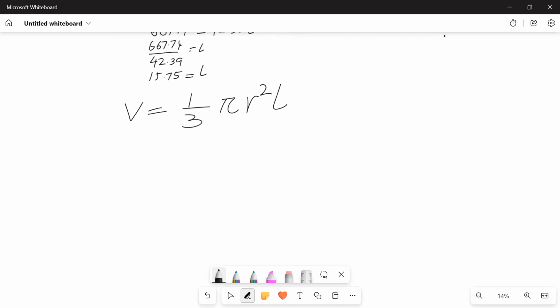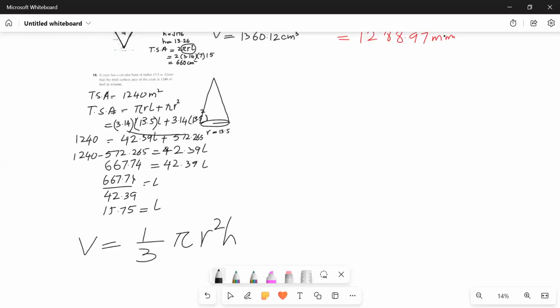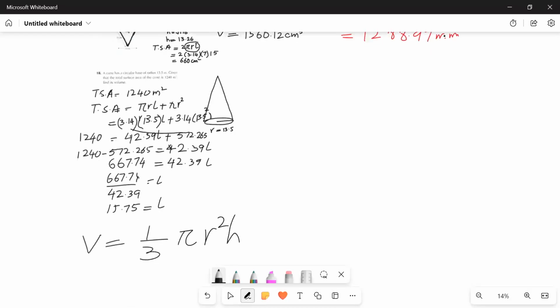Oh, yes, it's base area multiplied by height. It's not L, it is H. It means we have to find height also. We found this L. L is 15.75, but H is still missing.